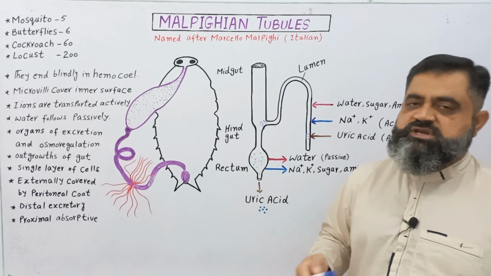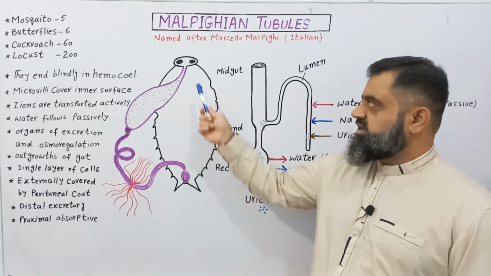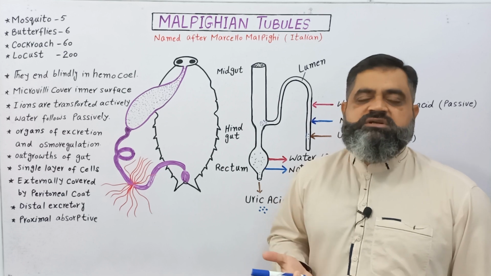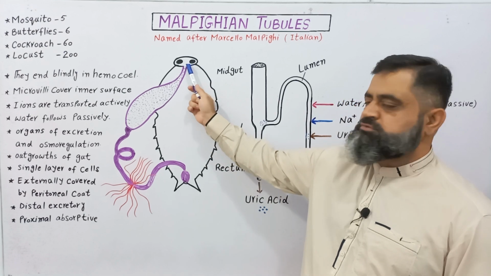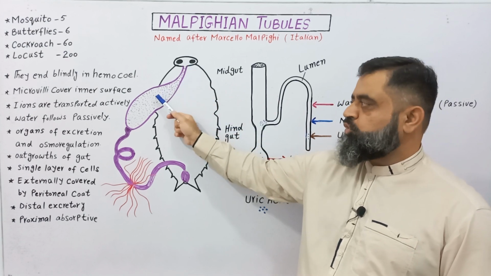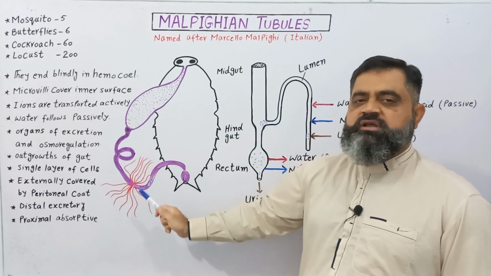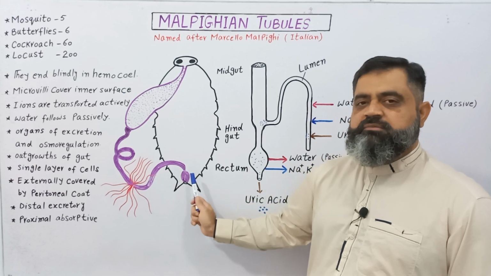Right over here you can see a cockroach which has a digestive system. We are not going to discuss the digestive system over here. It includes mouth, esophagus, crop, gizzard, stomach, small intestine, ileum, rectum, anus.